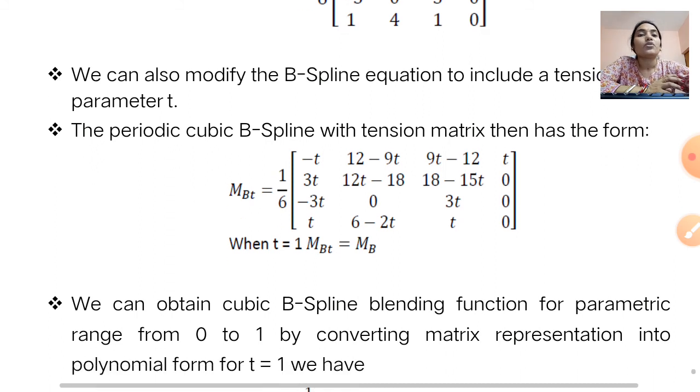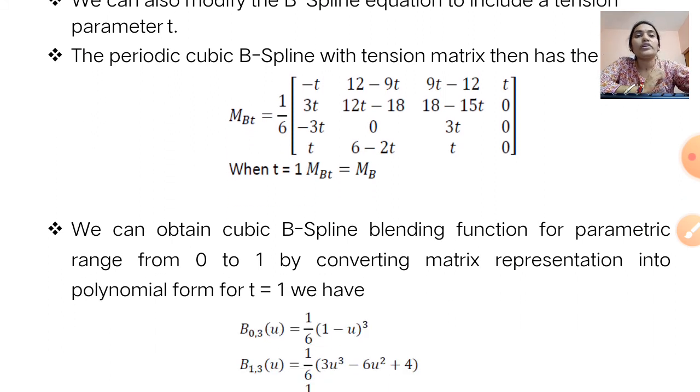Okay, we can obtain the cubic B-spline blending functions for the parametric range from 0 to 1 by converting the matrix representation into polynomial form.